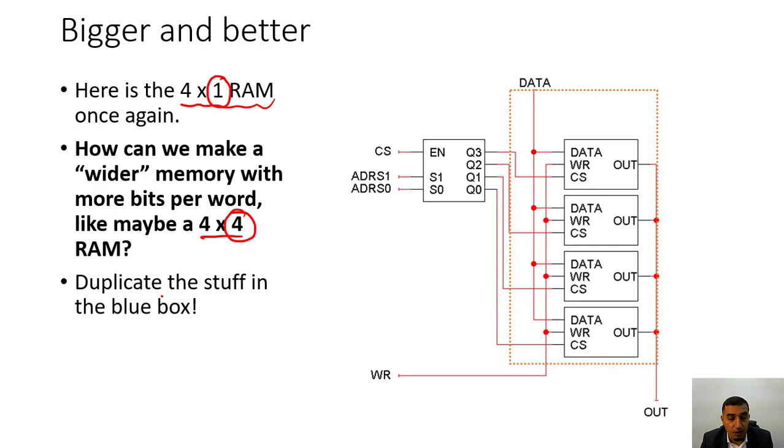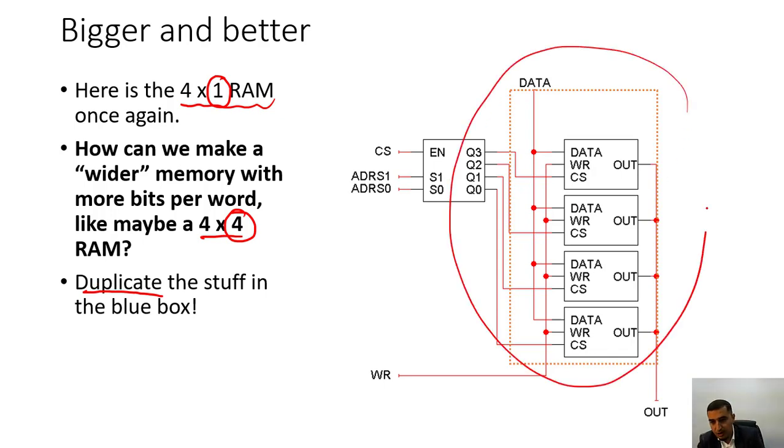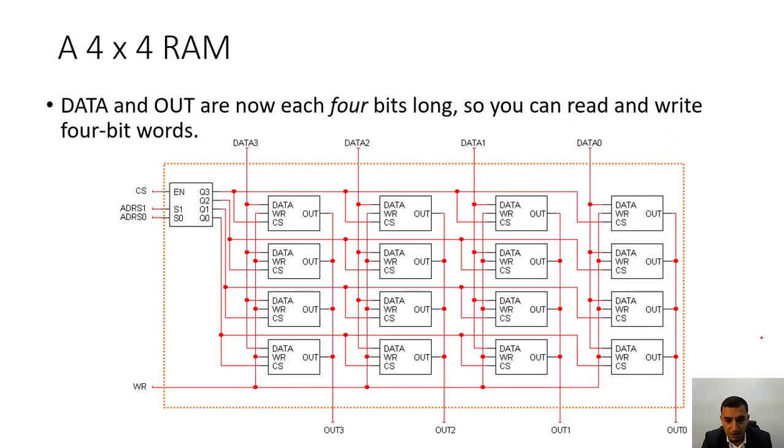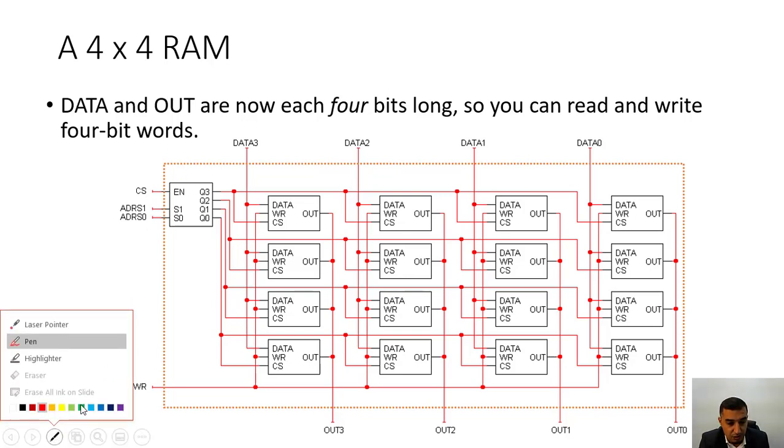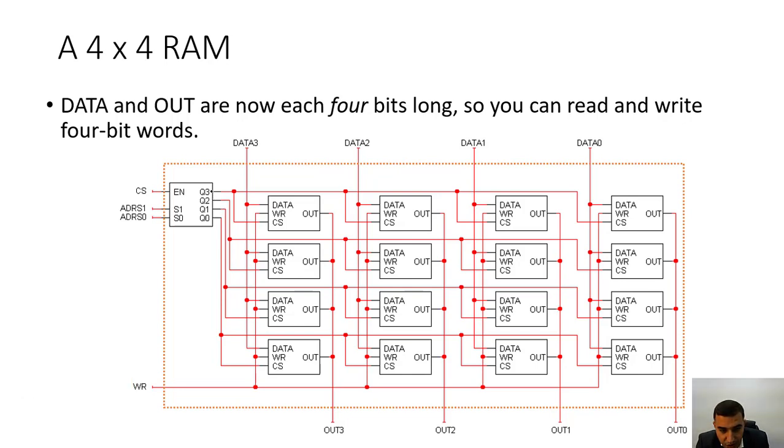We will basically duplicate this circuit. Duplication of the circuit means I will copy this part 4 times beside it like this. See, if we trace any line, let me change the color from red to, let's say, black. Now you see Q3 is connected to this cell, and this cell, and this cell, and this cell.